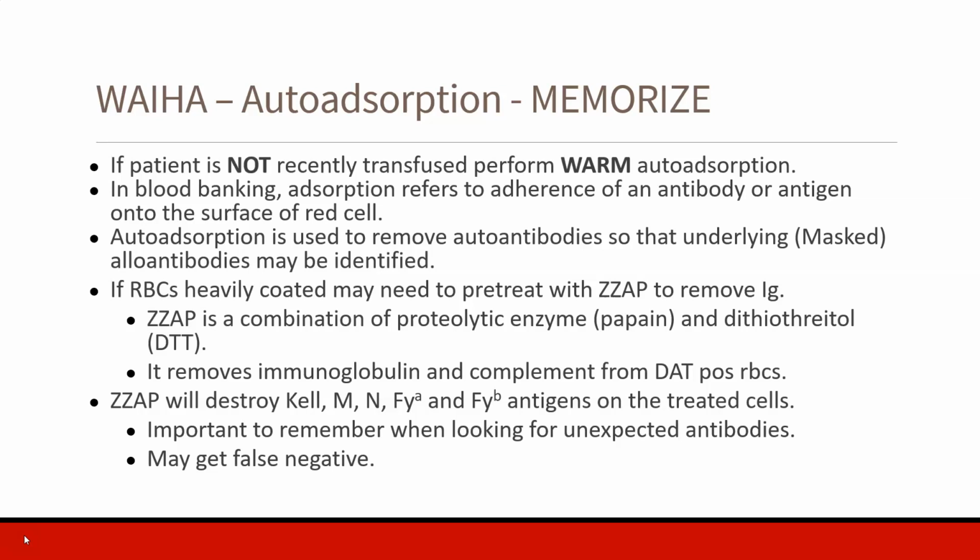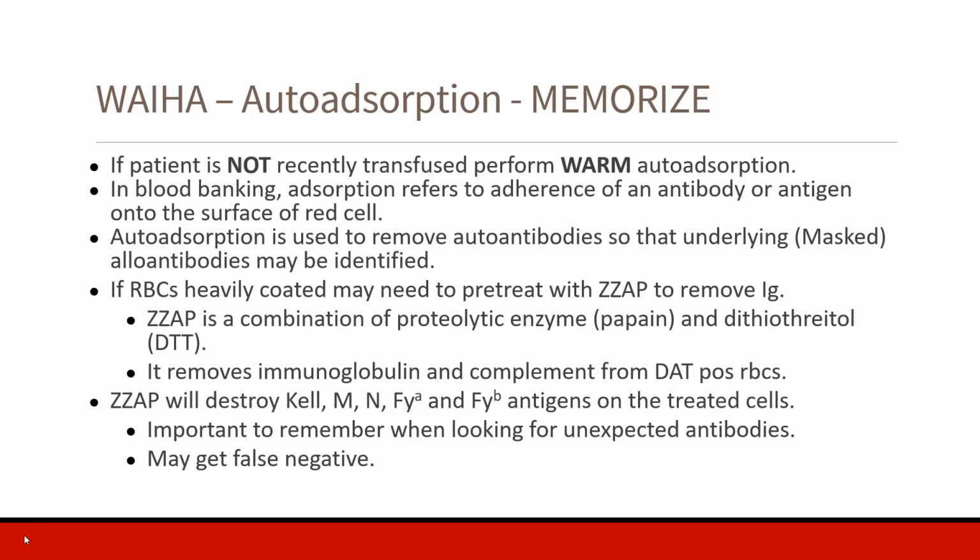So, in blood banking, adsorption refers to adherence of an antibody or antigen onto the surface of the red cell. Autoabsorption is used to remove autoantibodies so that underlying masked alloantibodies may be identified.